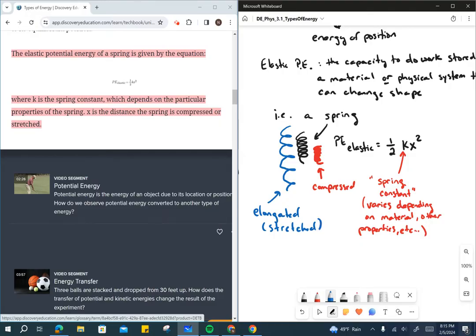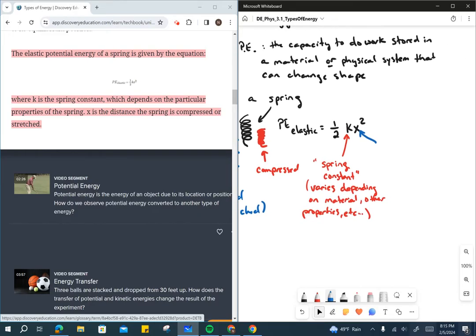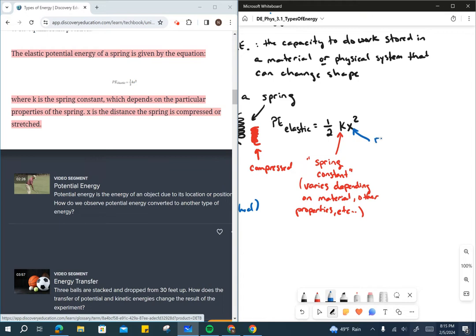And these distances, that's what they're referring to. The x value represents the distance the spring is stretched or compressed.